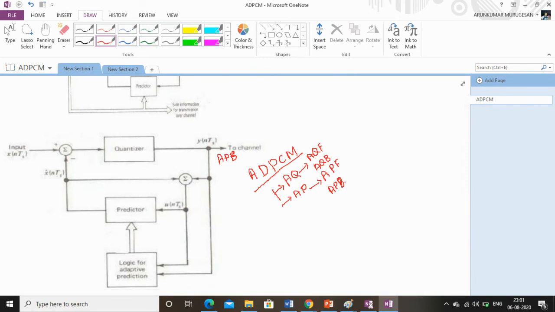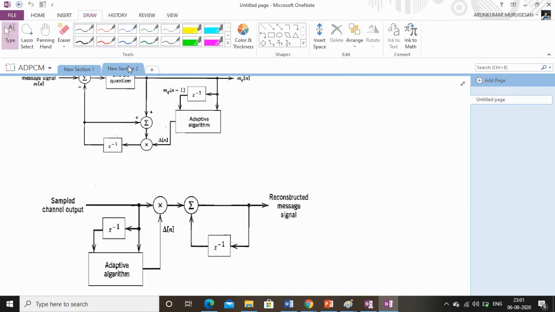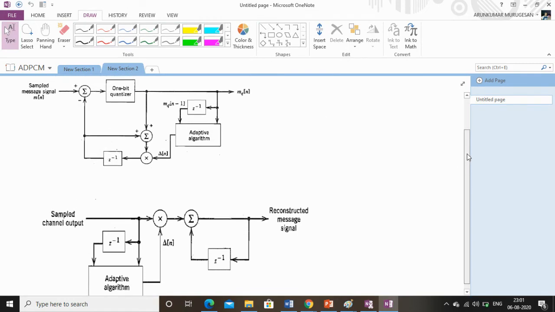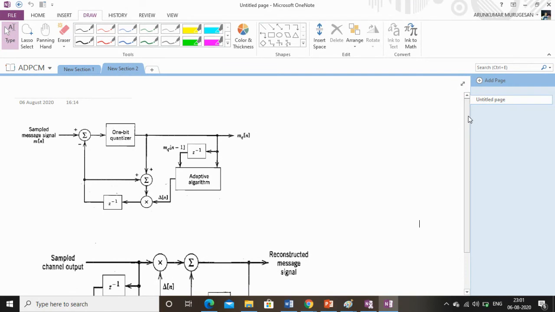Next we are going to see adaptive delta modulation. Why do we go for adaptive delta modulation?